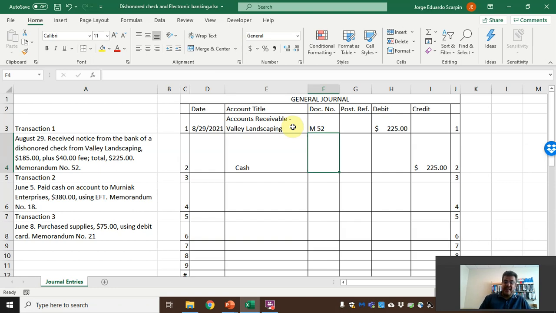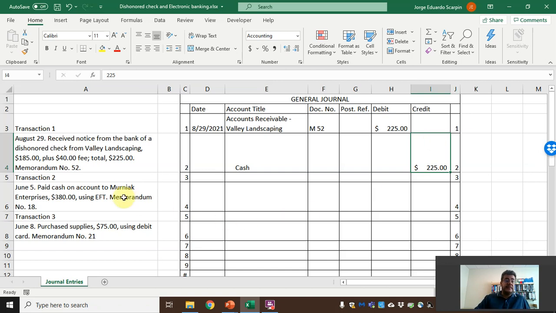However, we will not charge them $225. We will assume this fee, so we will be paying this fee. So the first journal entry would be $185, and then a second journal entry debiting miscellaneous expense, credit cash, with the $40 remaining. But usually we charge them all. So we charge them all of the numbers.